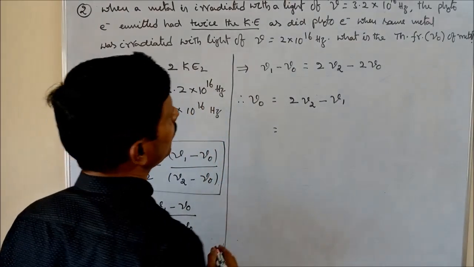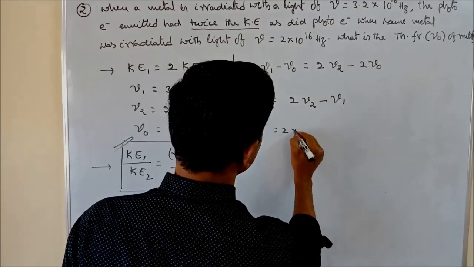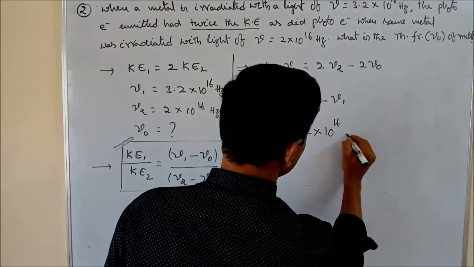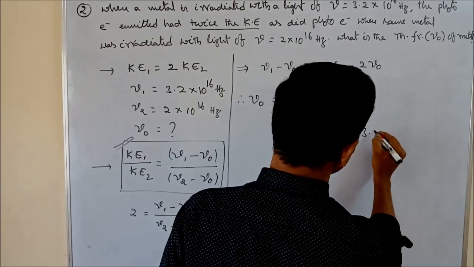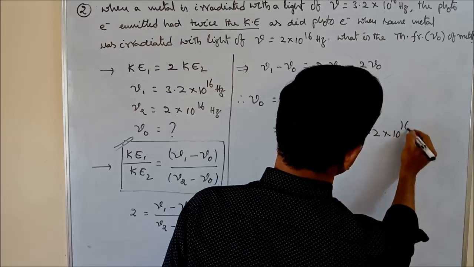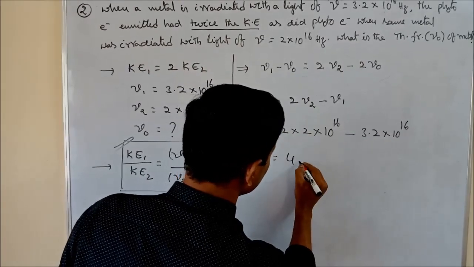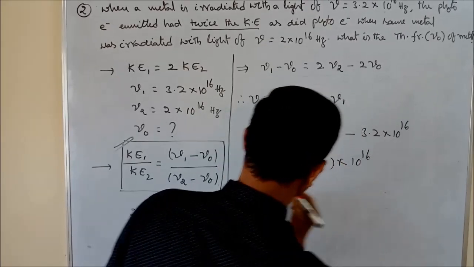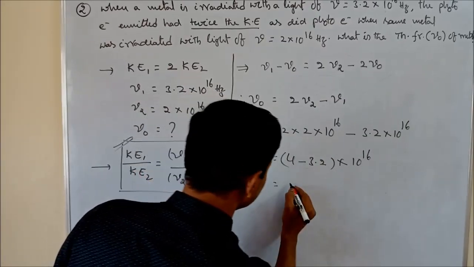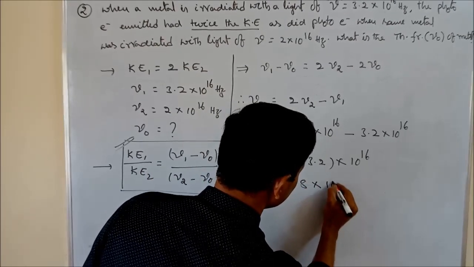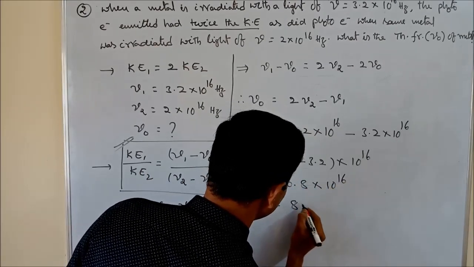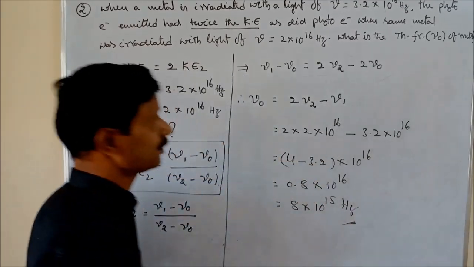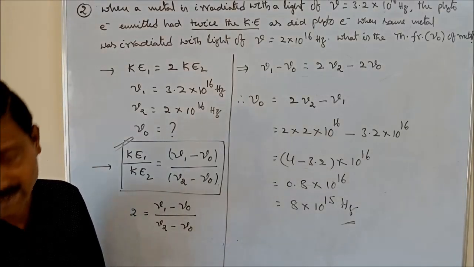So 2 into nu2, that means 2 into 2 into 10 power 16, minus nu1, that is 3.2 into 10 power 16. So it is nothing but 4 minus 3.2 into 10 power 16. 4 minus 3.2 means 0.8 into 10 power 16, or 8 into 10 power 15 hertz. So that is the threshold frequency of the metal.